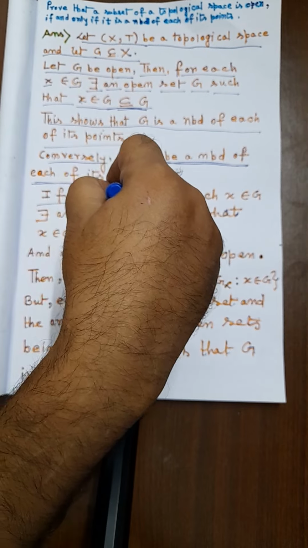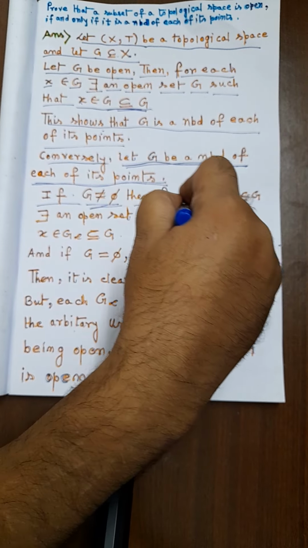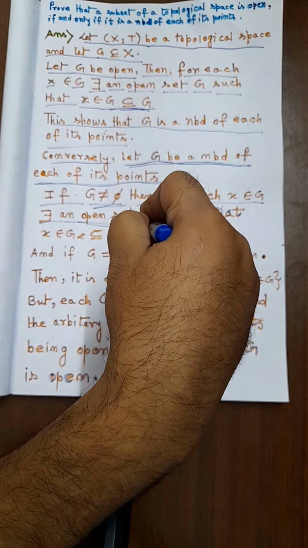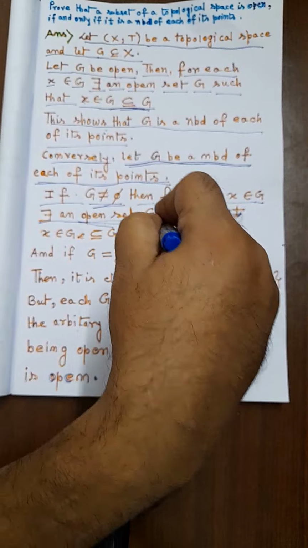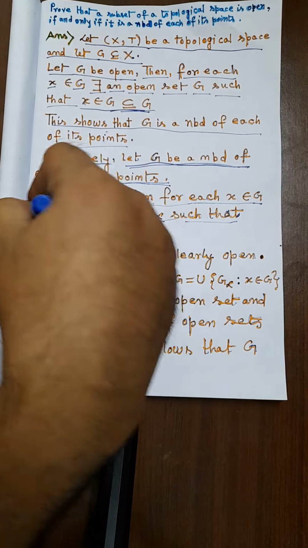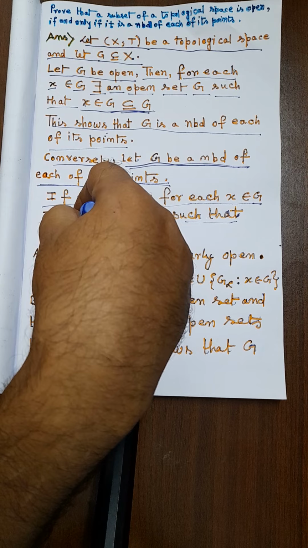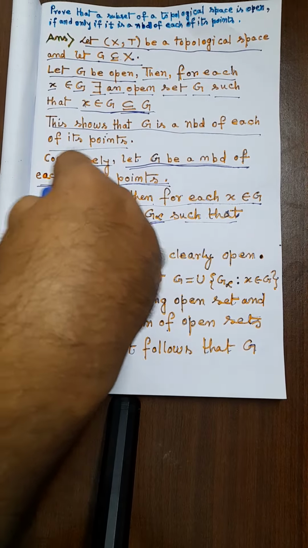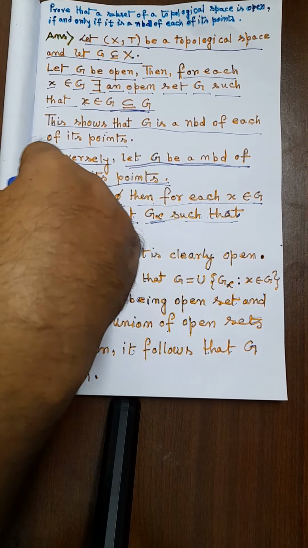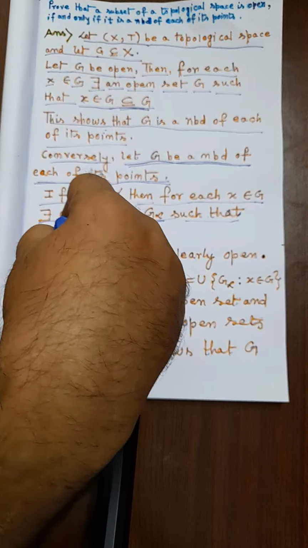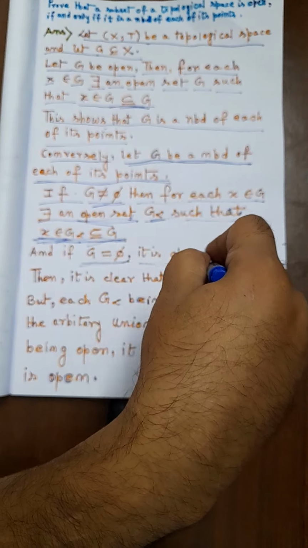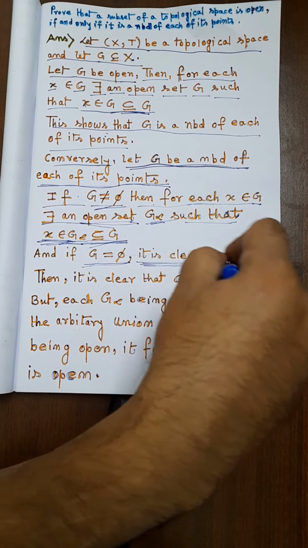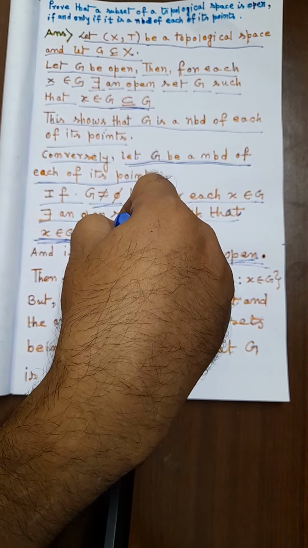If G not equal to phi, then for each x belongs to G, there exists an open set G alpha such that x belongs to G alpha, and that will be a subset of G. And if G equals phi, it is clearly open.